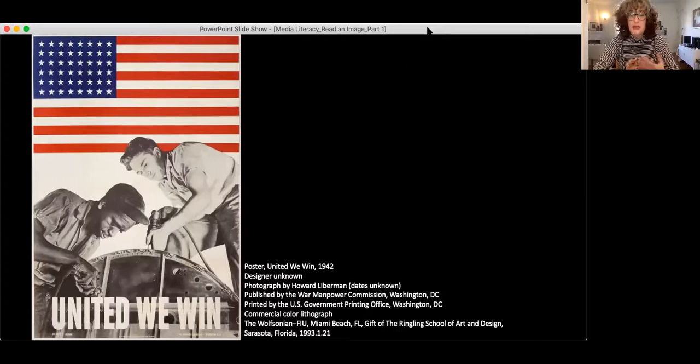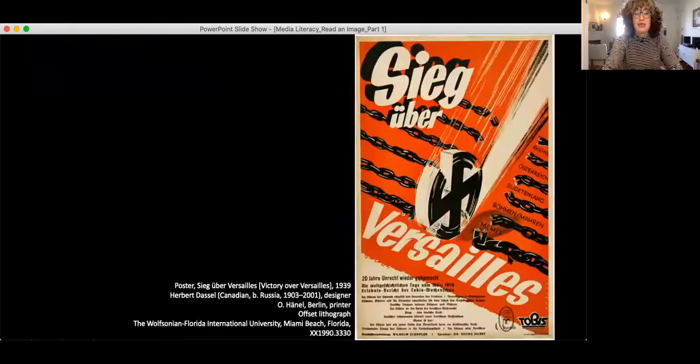Propaganda, of course, is communication, in the Wolfsonian's case, visual communication, used to influence public opinion, guide an audience, or promote a specific agenda. At the Wolfsonian, we have large collections of American, as well as Nazi, Italian fascist, and Soviet propaganda. And these can take the form of posters, as you've just seen in the last two images, as well as banners, publications, medallions, sculptures, paintings, and other objects.